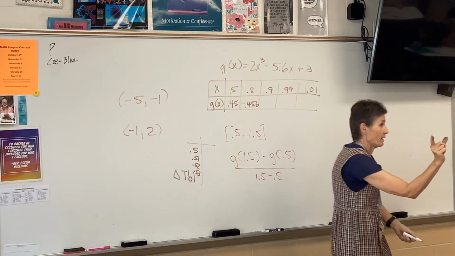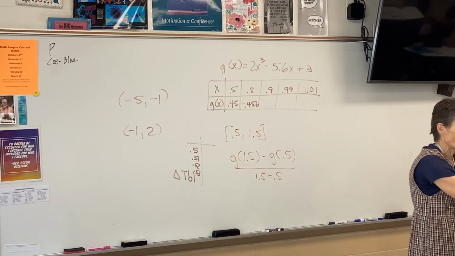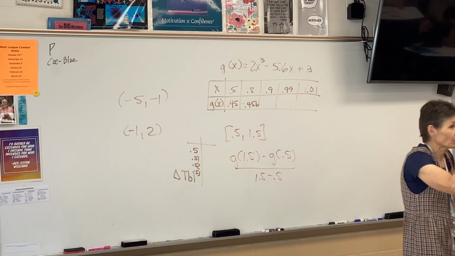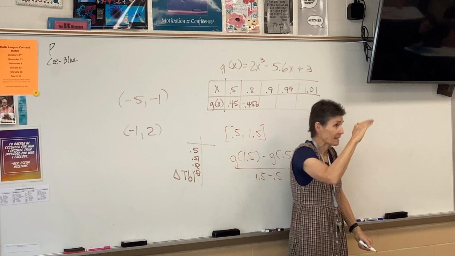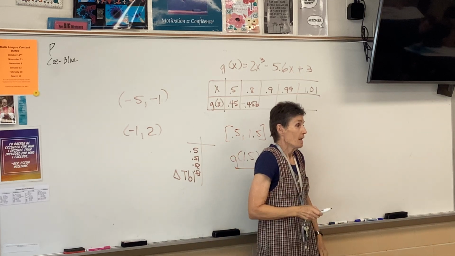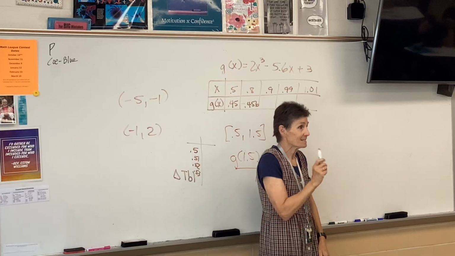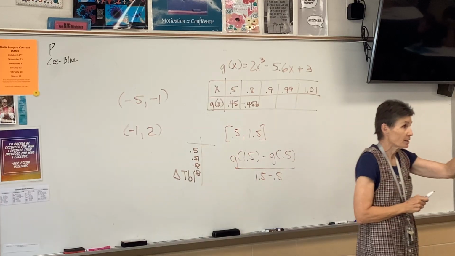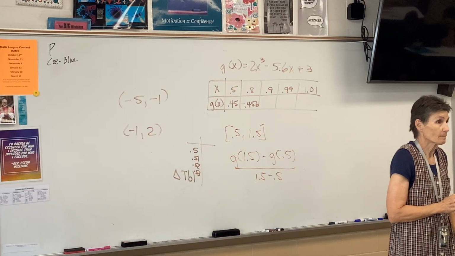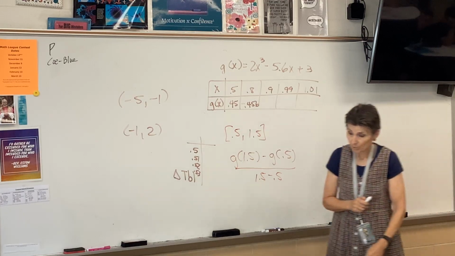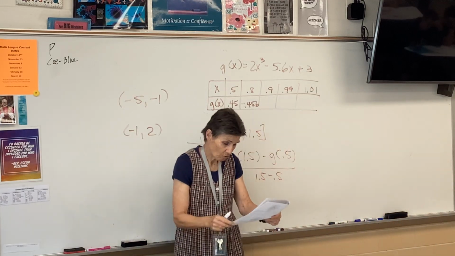So what are we doing? We're squeezing in on 1. So you should be able to look at the numbers that you're getting, and they should be getting closer and closer to the instantaneous rate of change at 1. Okay? All right, you might want to take a minute sometime and try that.